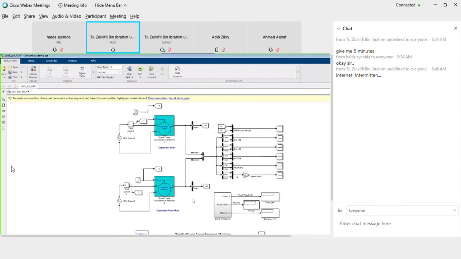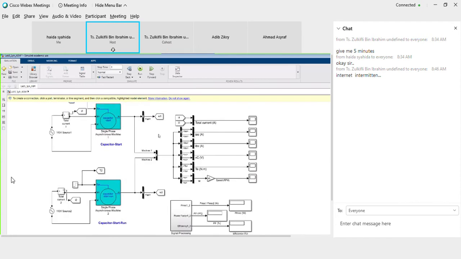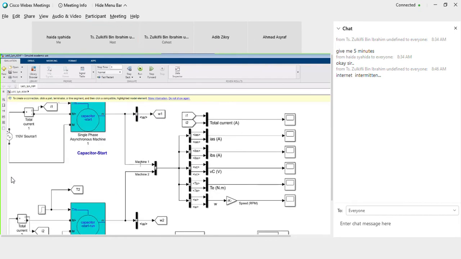And when we load the machine by 1 pu of torque, 1 pu means rated torque, 1 per unit rated torque. So this is the branch just for machine 2, and from here it's just a comparison.